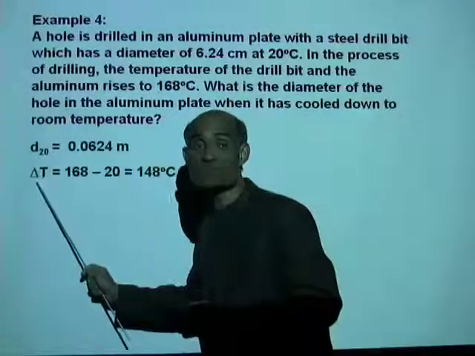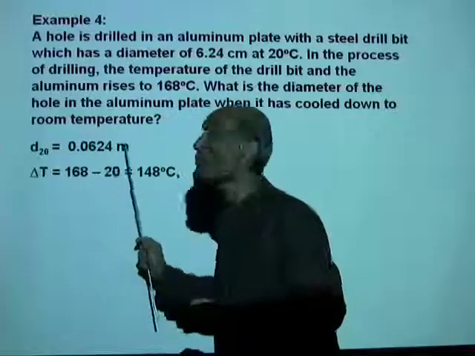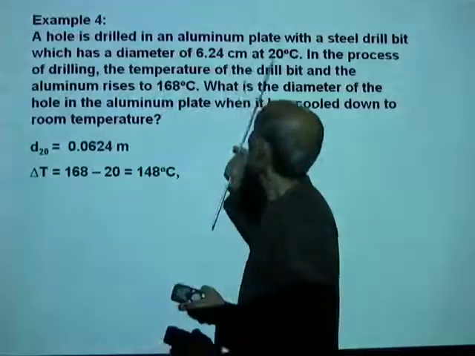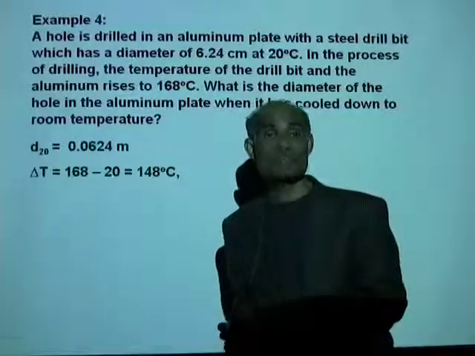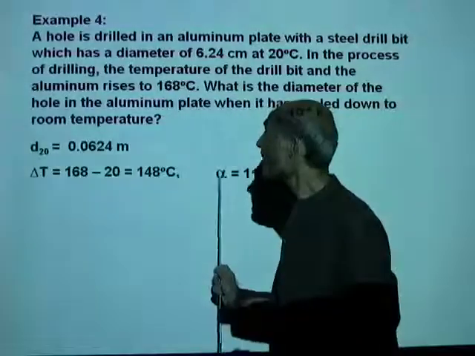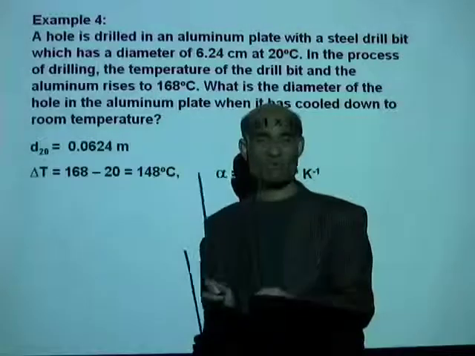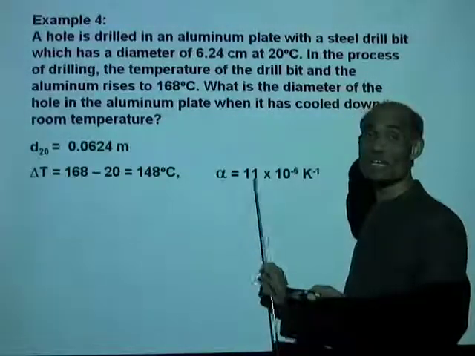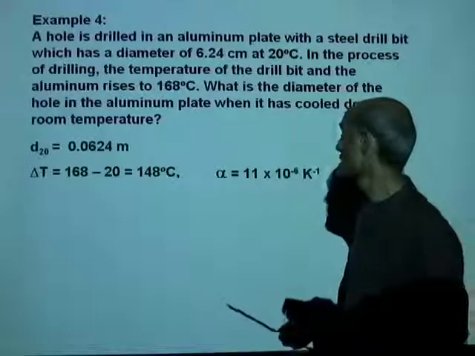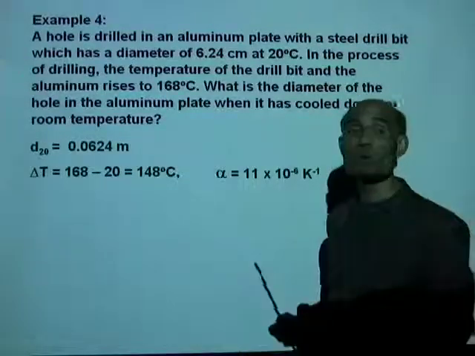The change in temperature of the drill bit is 168 minus 20, that is 148 degrees Celsius. Alpha for steel, can you remember that value? Well, alpha for steel is 11 times 10 to the negative 6 per Kelvin.